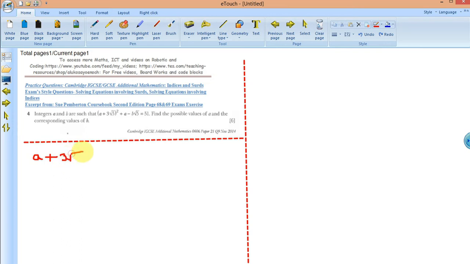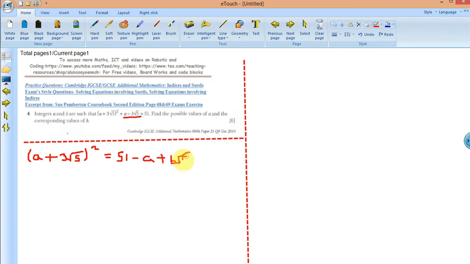Don't forget that 3 root 5 is an irrational number. So 51 is on the right hand side already. Move these two also to the right hand side. So this is plus a, so that becomes minus a. Then this is minus b root 5, so that will be plus b root 5.